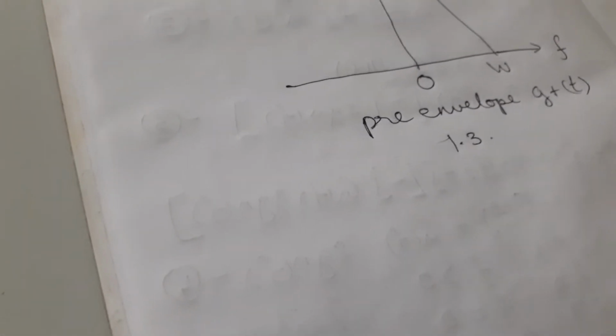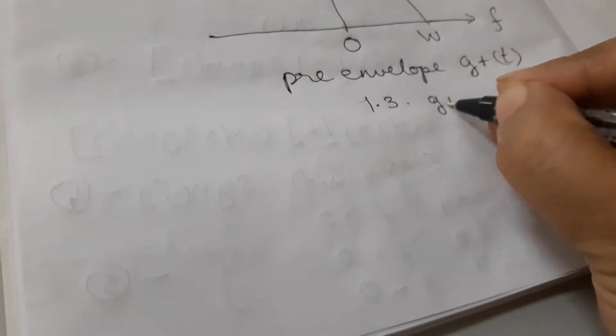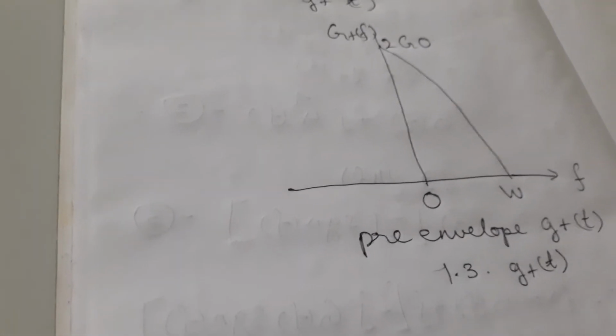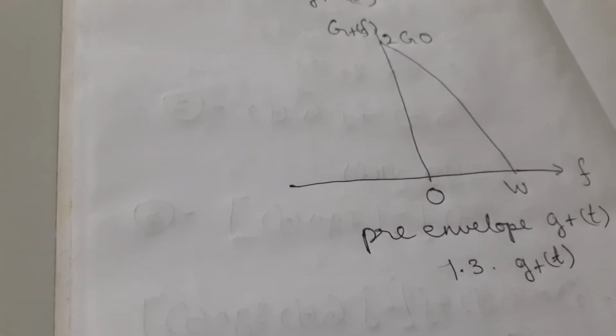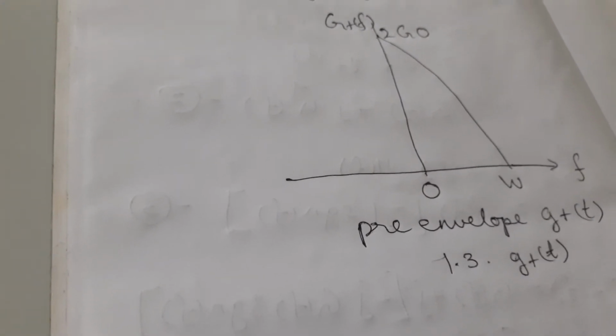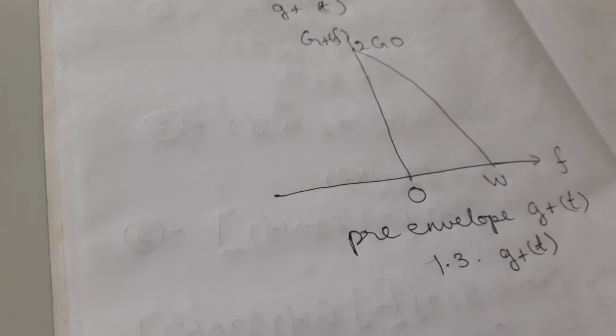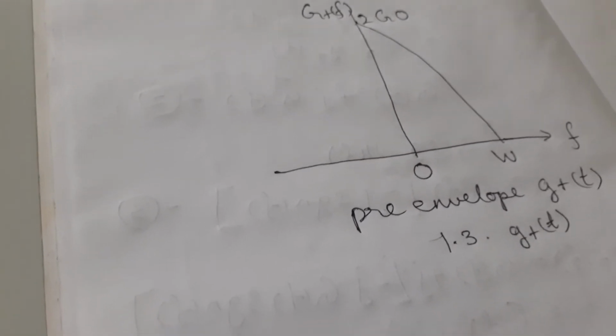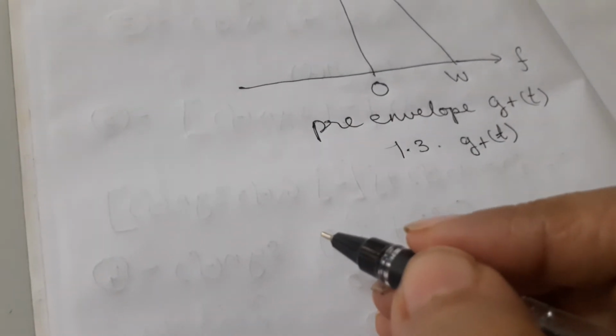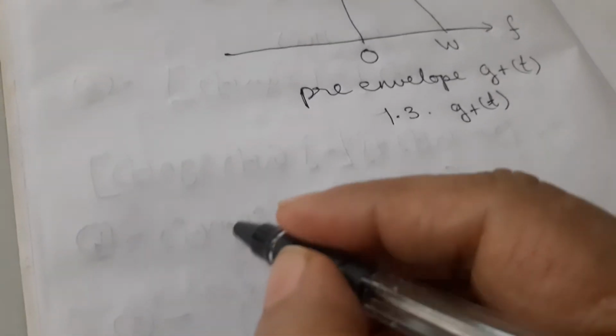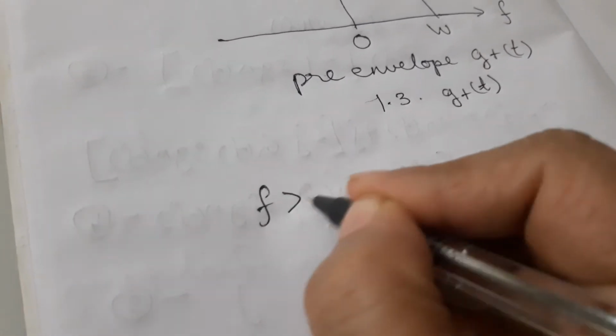Figure 1.3 indicates the pre-envelope g plus of t has no frequency content for all negative frequency. You can see there, for negative frequencies, no frequency content. So the spectrum depicted in this figure 1.3 is non-zero only for f more than 0.